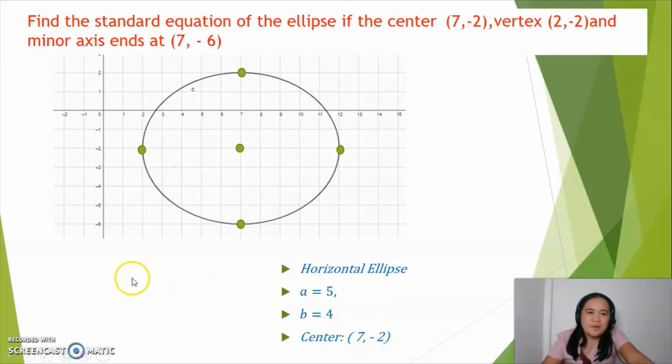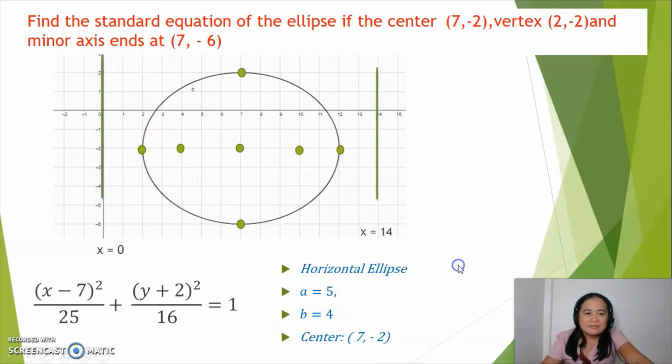So therefore, writing the standard equation of this one, we will have (x - 7)^2 over a^2, which is 5 squared or 25, and (y + 2)^2 over 16, in which it's 4 to the power of 2, is equal to 1. So therefore, this is the standard equation for the given.